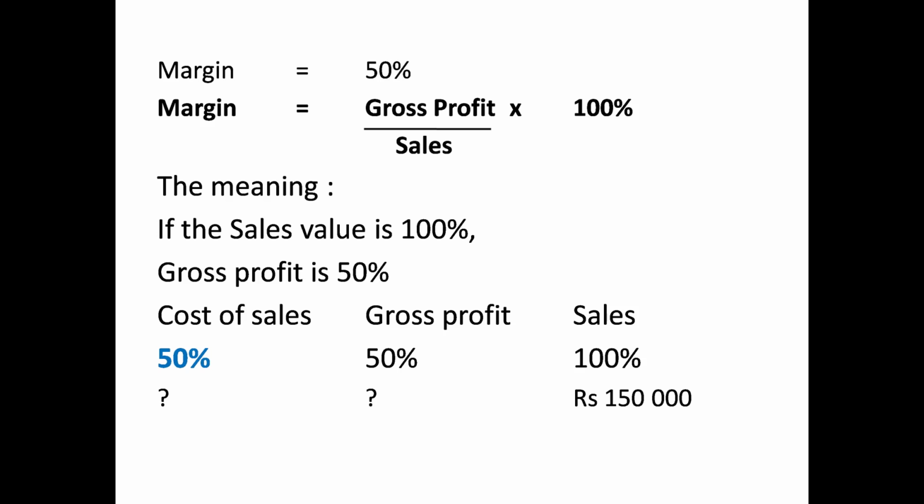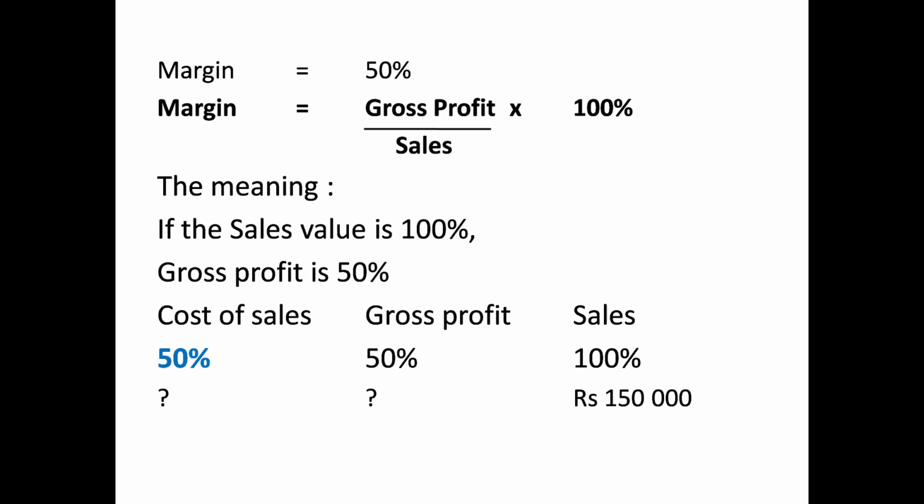Therefore, the meaning is if the sales value is 100%, the gross profit will be 50%. Therefore, you are going to write cost of sales, gross profit and sales. Gross profit you know is 50%, sales 100%. That's your assumption. Now you need to calculate the percentage of cost of sales.